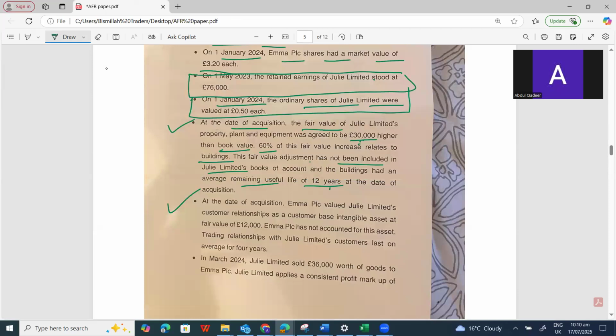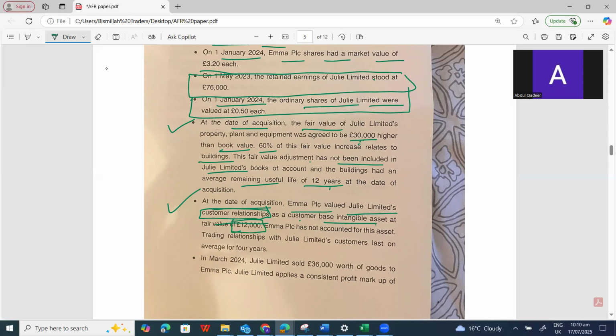8 marks question. At the date of acquisition, EMA Public Limited valued Julie Limited's customer relationships. Customer relationships are treated as intangible assets because the value is measurable, identified, and it also has a useful life. The customer base intangible asset has a fair value of £12,000.